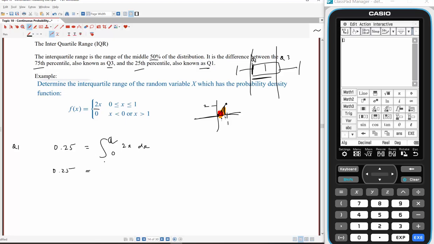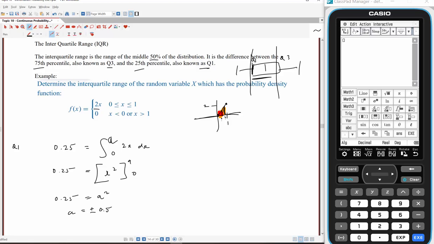So 0.25 equals, the antiderivative is x squared, evaluated from 0 to A. So A goes in, A squared, and 0 goes in, leaving us with 0, so it's just A squared. So A equals plus or minus the square root of 0.25, which is 0.5.